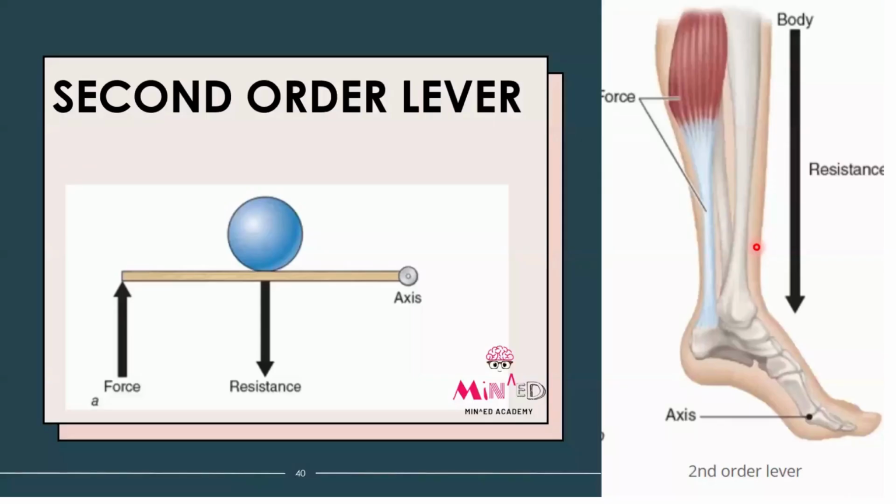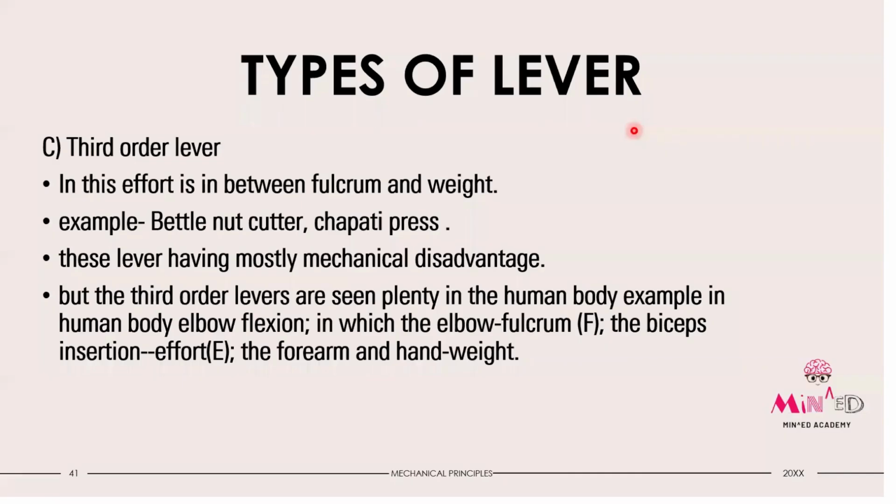Okay. And you can see the example in the diagram, standing on toe: this is the axis, resistance by the body weight, and force by the calf muscles. And the third order lever is also known as the lever of speed.